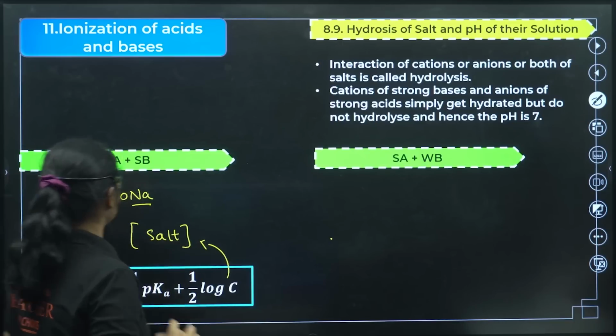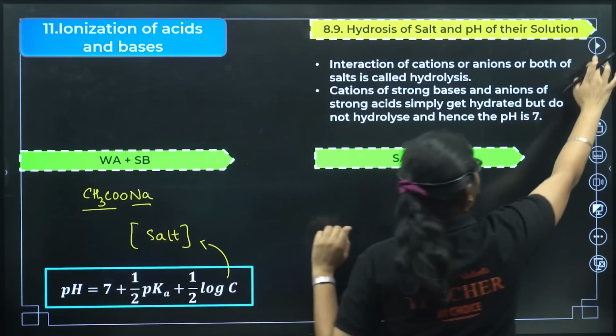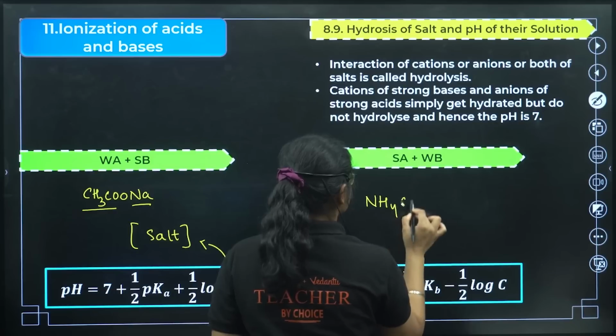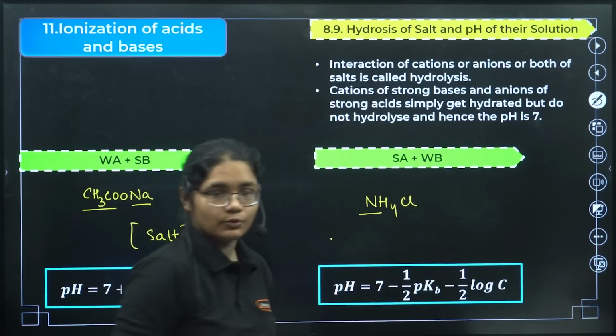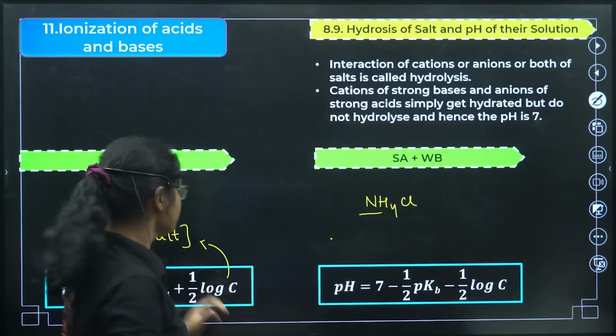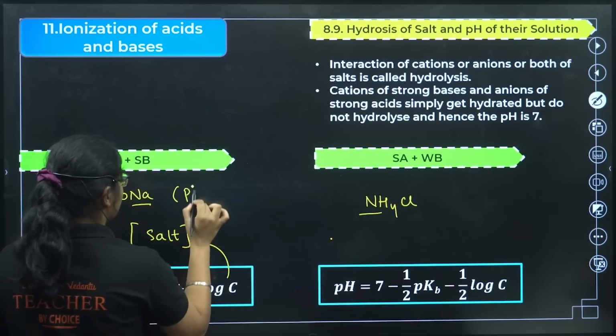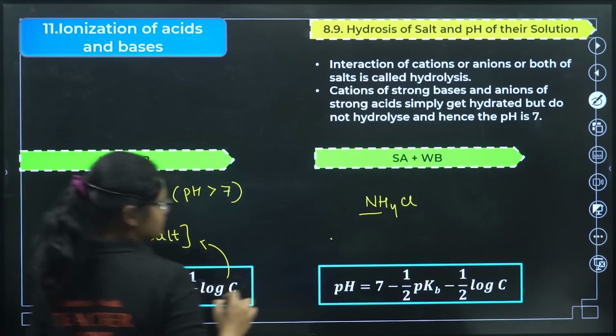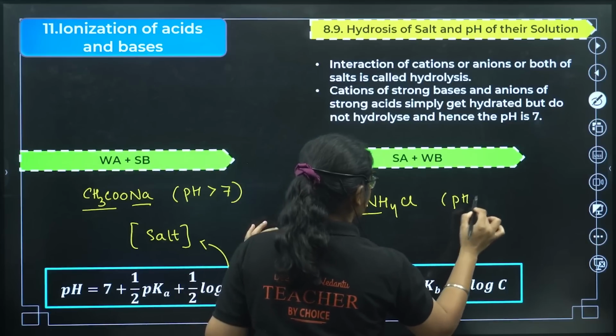Now if you have a strong acid and a weak base, for example NH4Cl, the weak base is NH4OH and the acid is a strong acid which is HCl. So here the pH will be less than 7, because the acid is strong here.